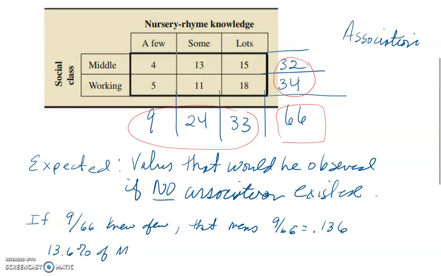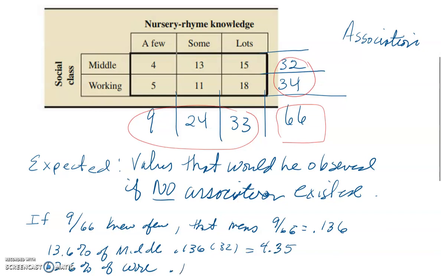13.6% of the middle class and 13.6% of the working class. So it would be 0.136 times how many total middle class kids were there? 32. And that 0.136 would give us an expected value of 4.35.